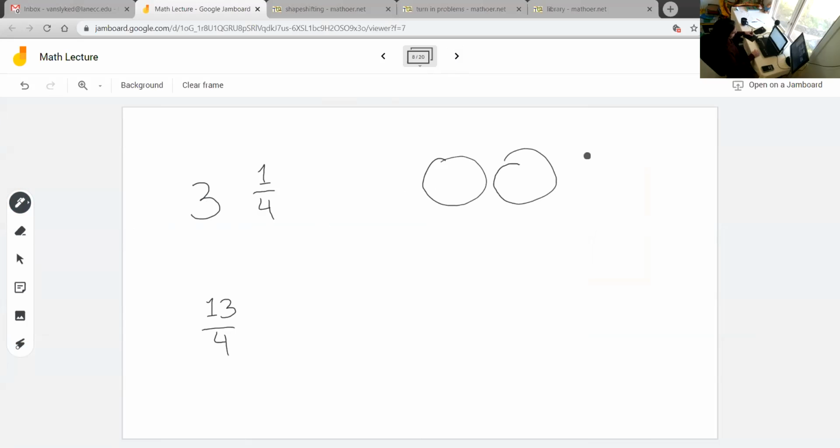So here I have my 3 pies, and then beyond that I have another quarter. So how many quarters do I have? 1, 2, 3, 4, 5, 6, 7, 8, 9, 10, 11, 12, and 13. So we're multiplying these two numbers because those are how many pieces are in the whole pie, and then we're adding back the tiny pieces that we had just floating around.